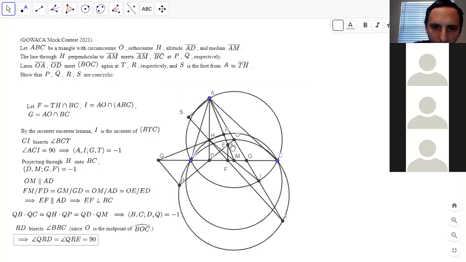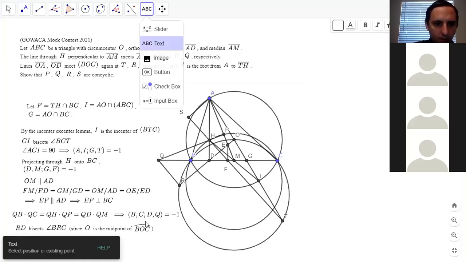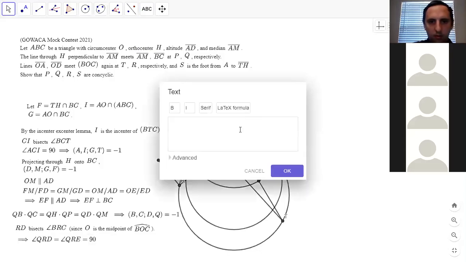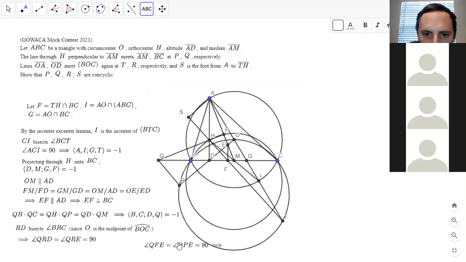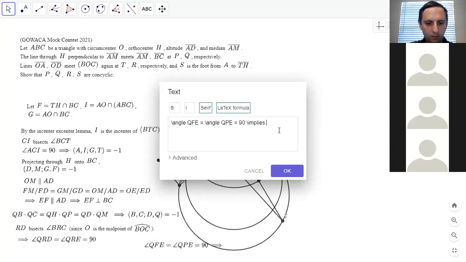And then we also have angle QFE is angle QPE is 90. And so that means that QRFEP is cyclic. And then an angle chase shows that S lies on that.